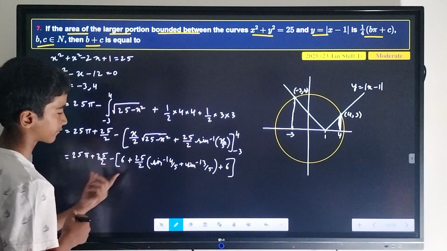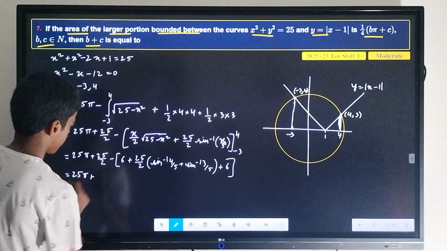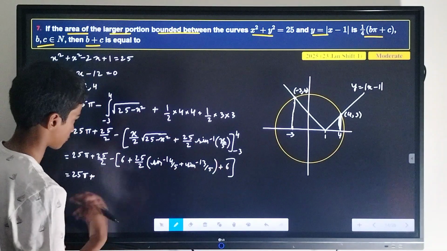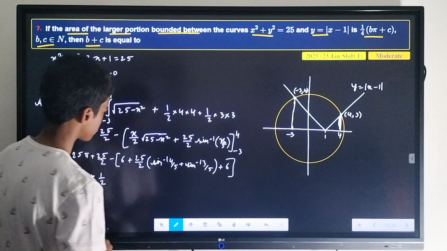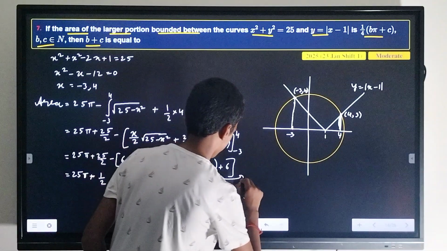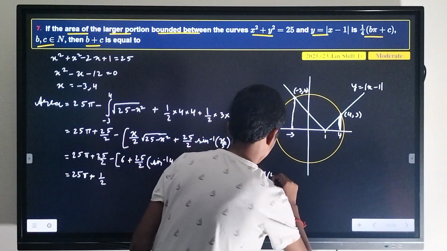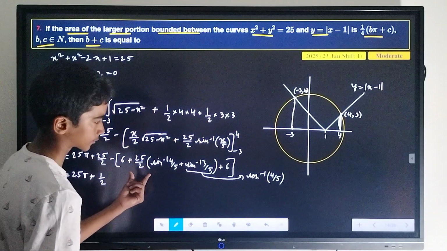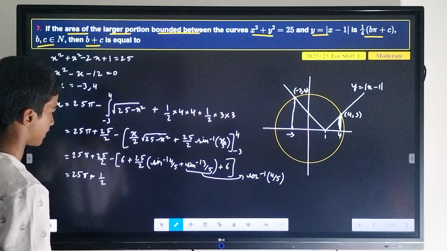So from here this is equal to 25 pi plus 25 by 2 minus 6 plus 6, which is 12, will be 1 upon 2. And our sine inverse 3 by 5, we can write it as cos inverse 4 by 5. So from here sine inverse 4 by 5 plus cos inverse 4 by 5 will be pi by 2.